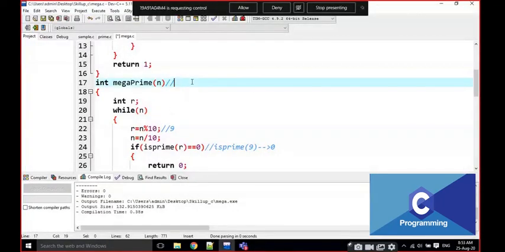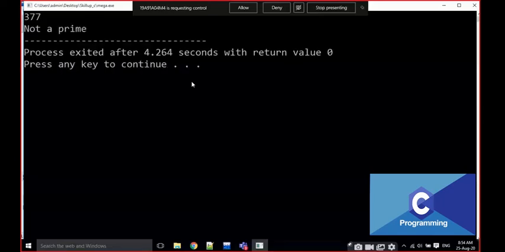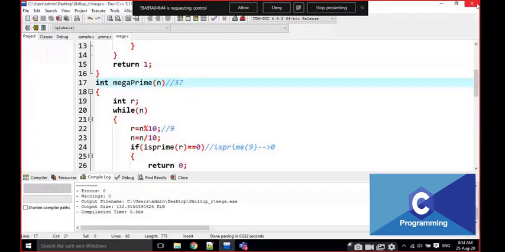The output is 379, means 3, 7, and I'm going to check with one more digit. 7 is not a 5.